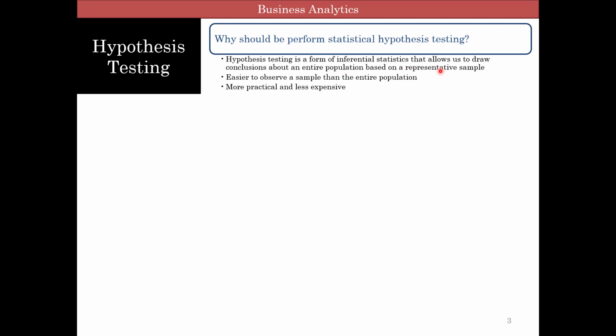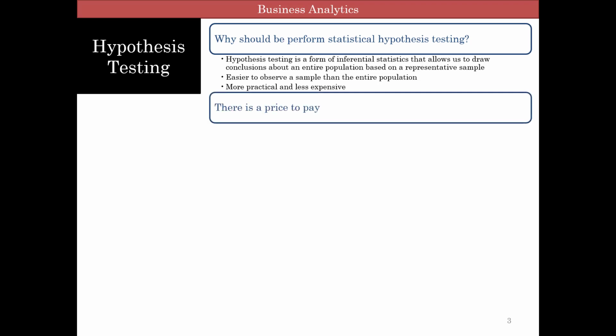Now remember, the sampling has to be done correctly, and of course, getting a sample is cheaper, more practical, and easier to do than observing an entire population. So for making things convenient, we have to pay a price. There's a cost to this. The cost is there's going to be an error.